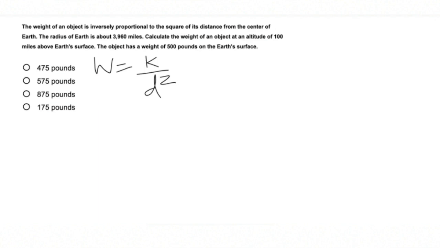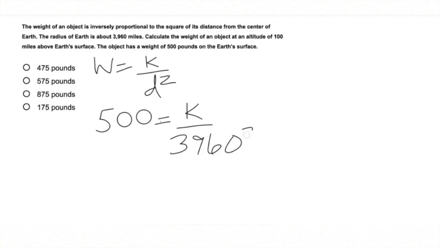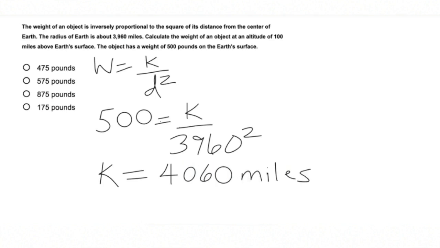Substituting these values into the formula, we get 500 equals k over 3,960 squared. So we're going to isolate k by multiplying both sides by 3,960 squared. If we do the math on that, then k is going to be equal to 3,960 squared times 500. Now the distance is 4,060 miles, since we're 100 miles above the surface. We're not done yet.